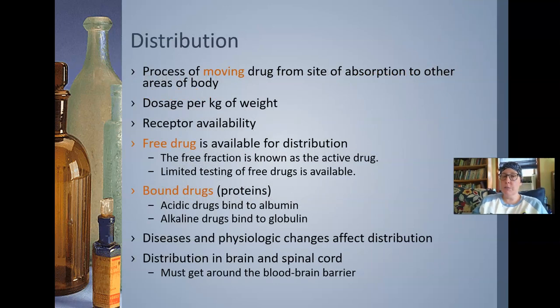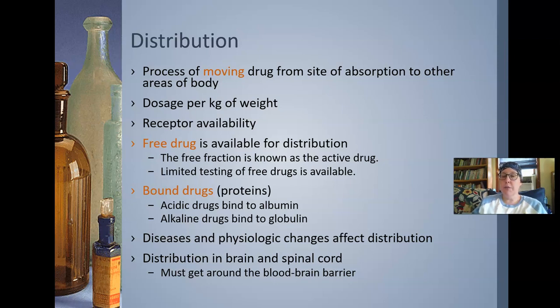Distribution is the process of moving a drug from the site of absorption to other areas of the body. The dosage is important to distribution and bioavailability, and a lot of times the dosage is per kilogram of body weight. So you would give a smaller dose to a smaller person and a bigger dose to a larger person.